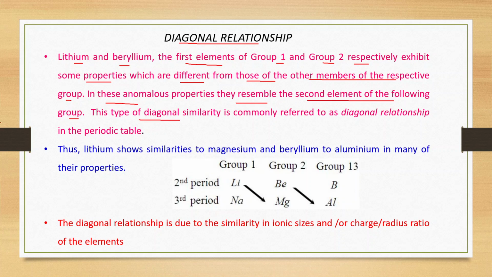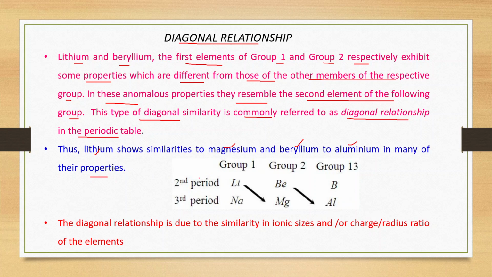This type of diagonal similarity is commonly referred to as diagonal relationship in the periodic table. Thus, lithium shows similarities to magnesium and beryllium to aluminium in many of their properties.